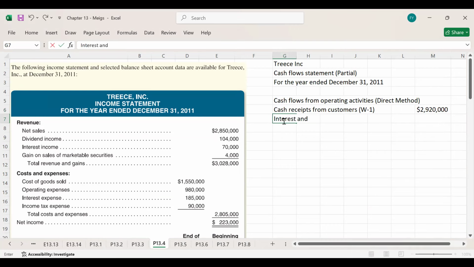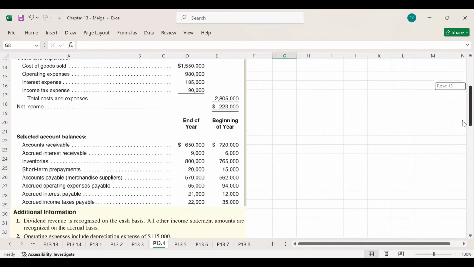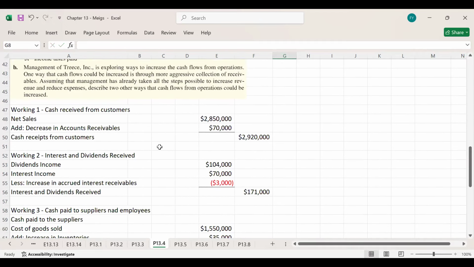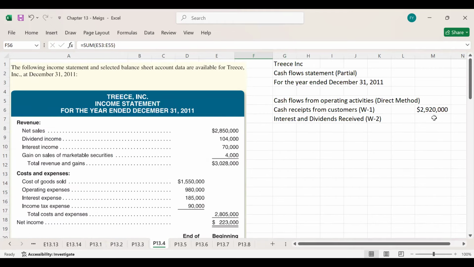The next is interest and dividends received, which we have calculated in working two. The amount of interest and dividend received is, you can see that $171,000. Here we have calculated it. So 171.